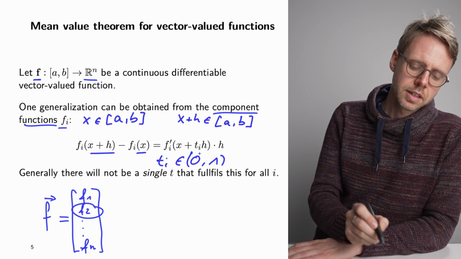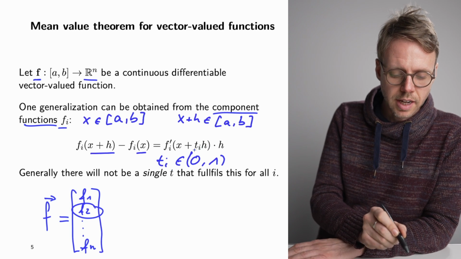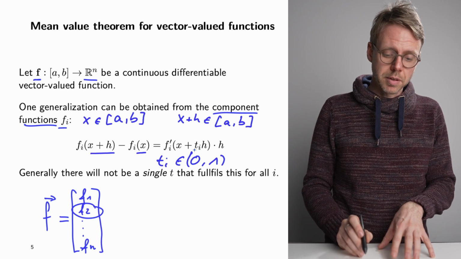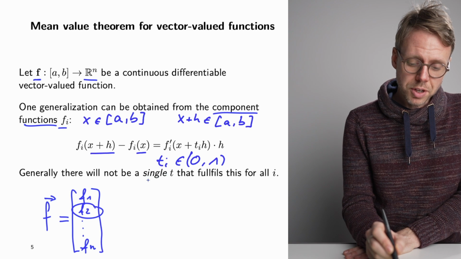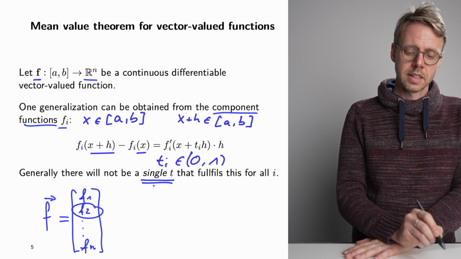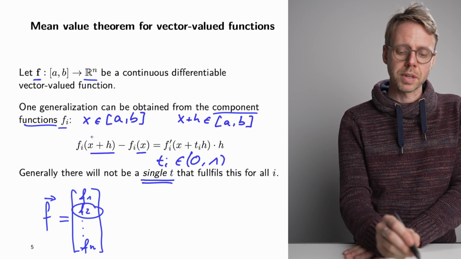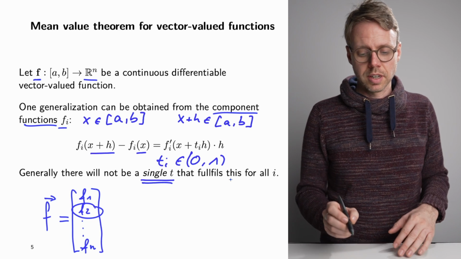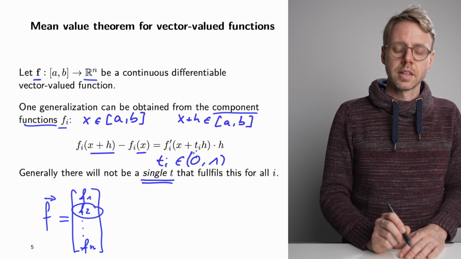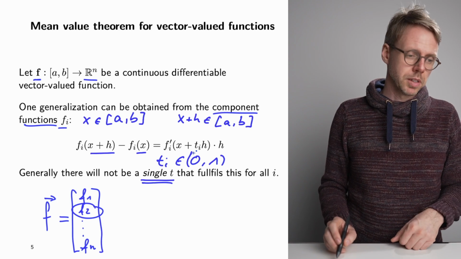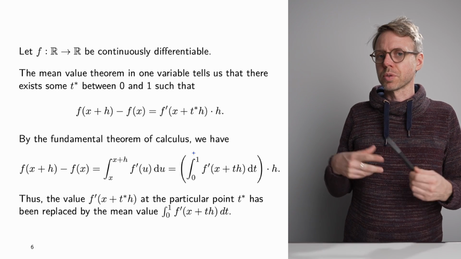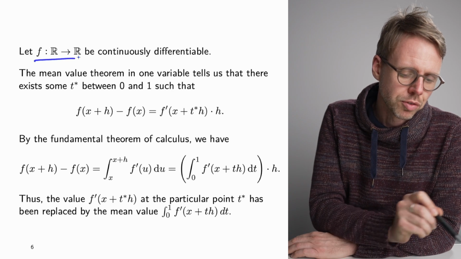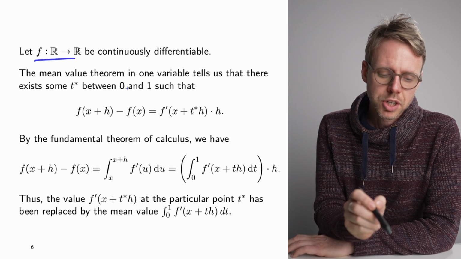Now notice that our ti has this index i, because we're done here with the things that we can generalize. There will generally not be a single t that fulfills this property for all the component functions. So unfortunately, for each component function we have to determine a different ti in principle. Let's briefly go back to normal univariate functions. So we have our f, goes from R to R, it's continuously differentiable.